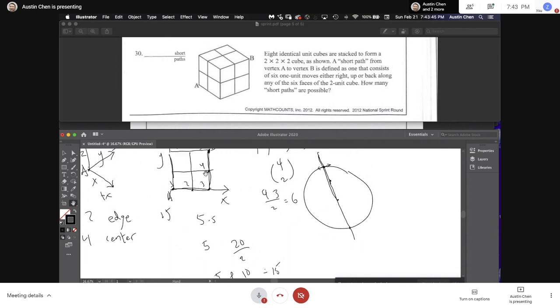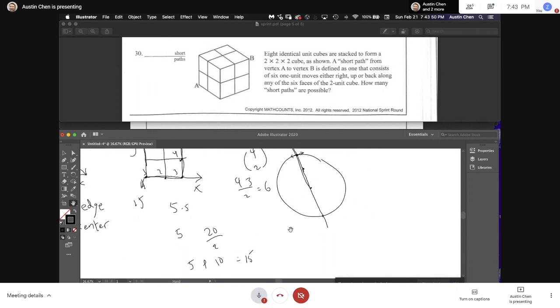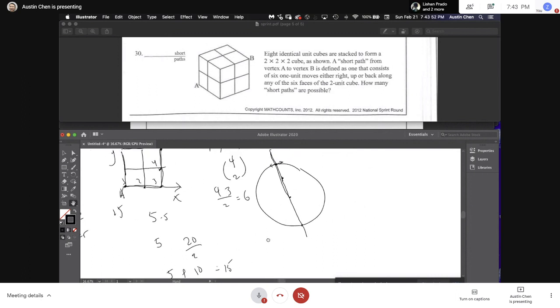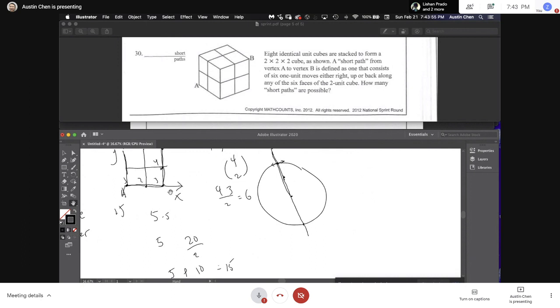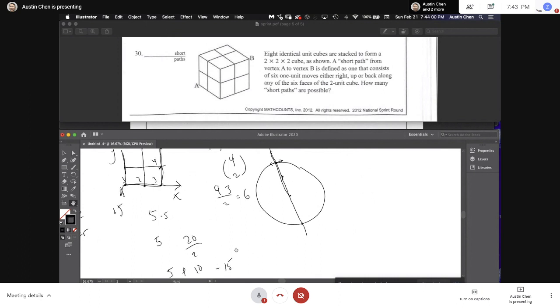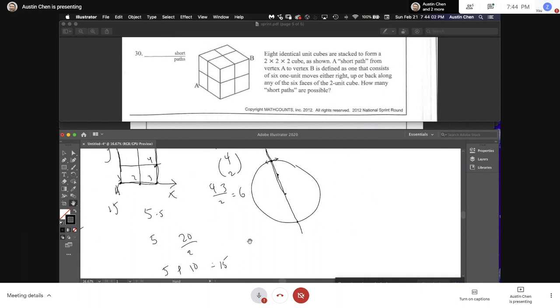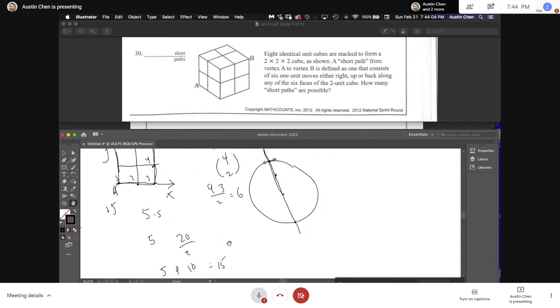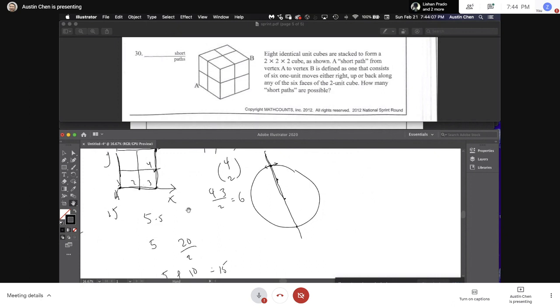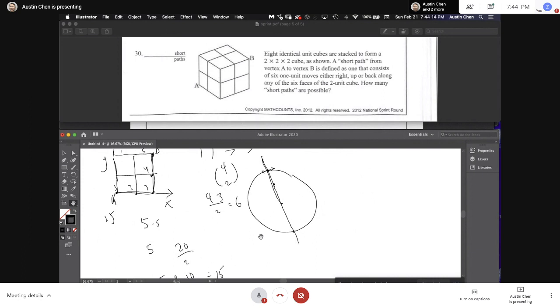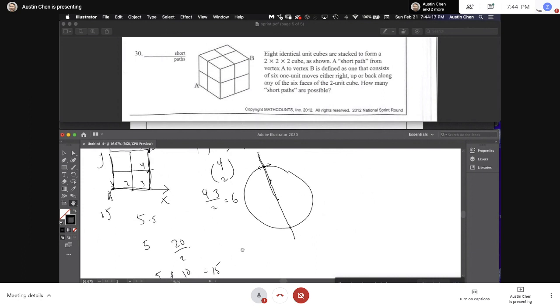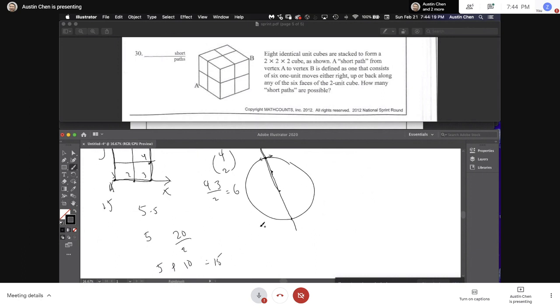You can also do this with stars and bars. You can think of the paths as the stars and the bars as the plus z moves.